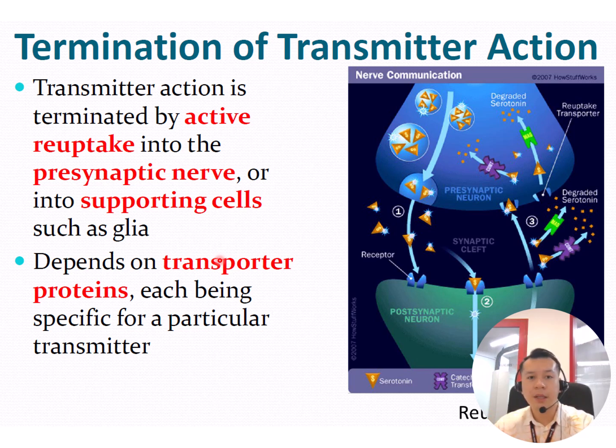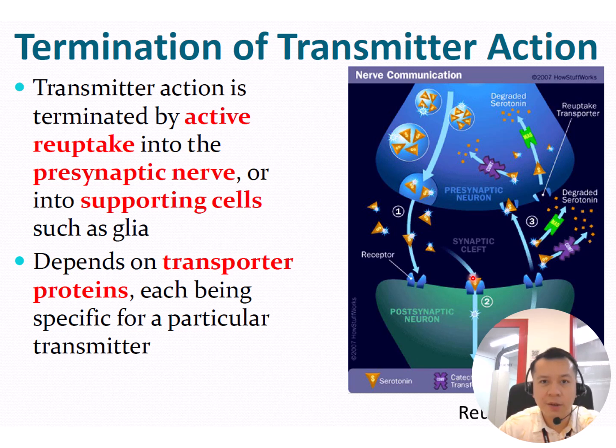For example, for serotonin, we have a serotonin transporter, which we call SERT. They will be reabsorbed into the nerve terminal, and then can be repackaged or broken down by an enzyme, for example the MAO, which is monoamine oxidase.